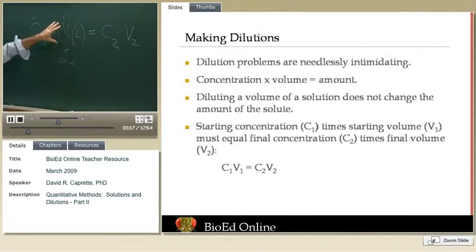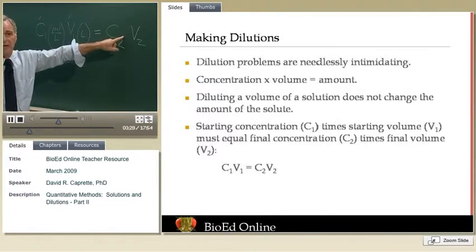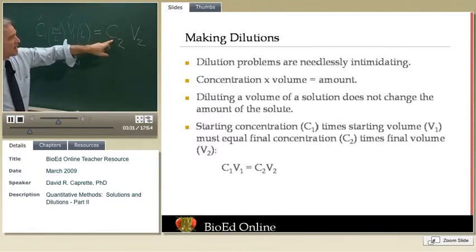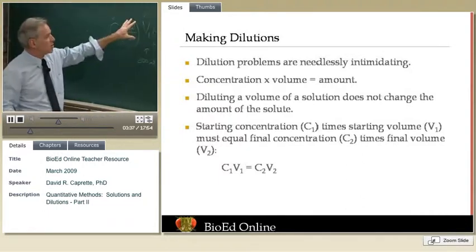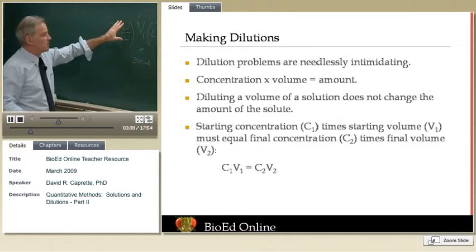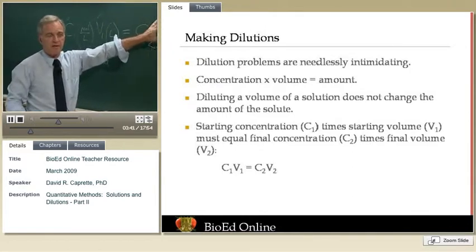We're not throwing away any of the solute. Let's say it's sucrose that we're diluting. The concentration of sucrose times the volume of the solution tells us the amount of sucrose we have in moles. The new concentration times the new volume equals the same amount of sucrose. That doesn't change. So we have this relationship, C1V1 equals C2V2.